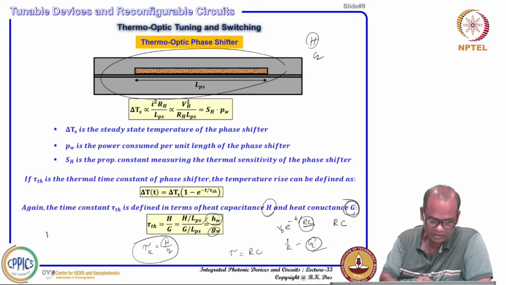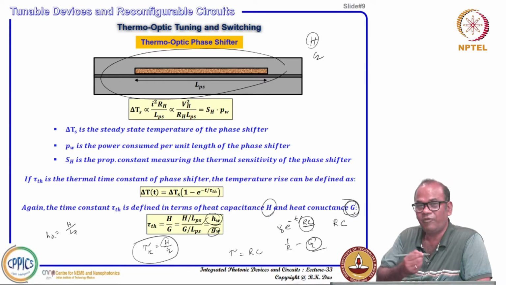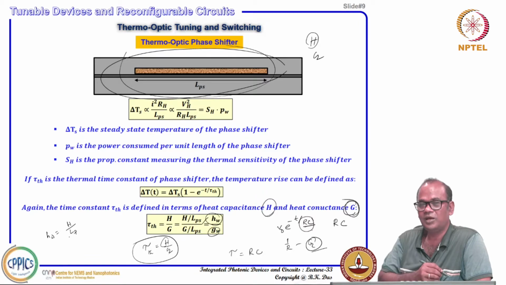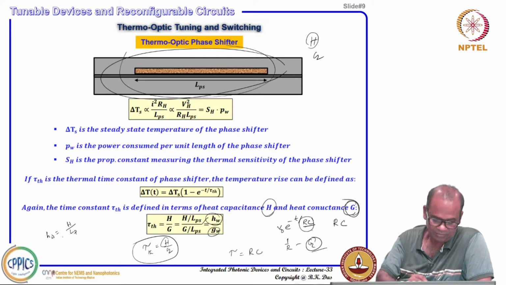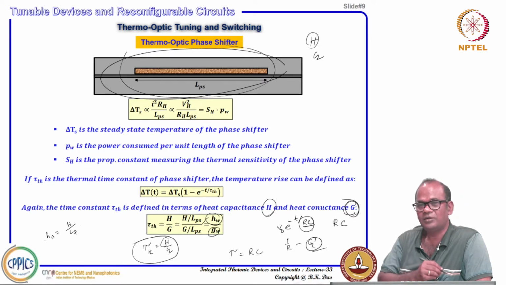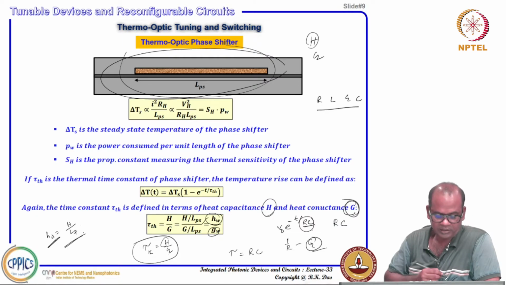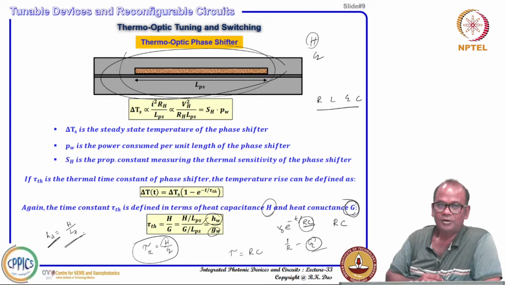HW means waveguide phase shifter, that is, HW is equal to capital H by LPS. Whatever effective heat capacitance you have for the system surrounding the microheater, you normalize with LPS, and that can be considered the distributed heat capacitance of the microheater waveguide phase shifter system. So, this is a characteristic, distributed heat capacitance.